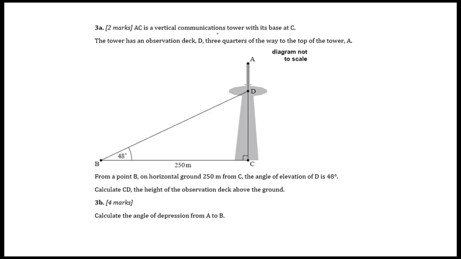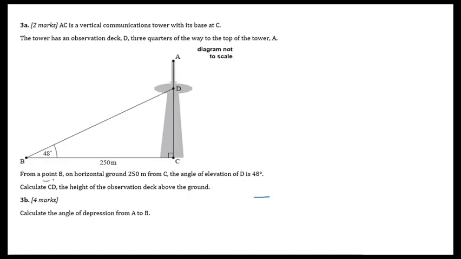AC is a vertical communications tower with its base at C. The tower has an observation deck D, 3/4 of the way to the top of a tower. From a point B, on the horizontal ground 250 meters from C, the angle of elevation of D is 48 degrees. Calculate CD, the height of the observation deck above the ground.